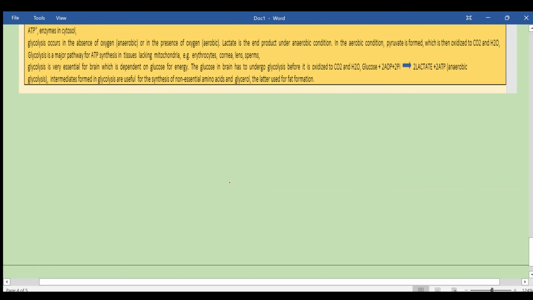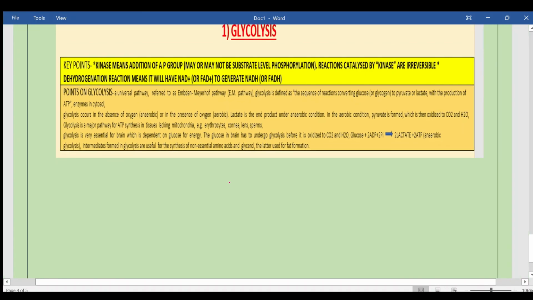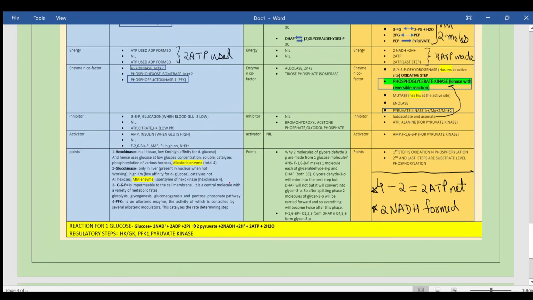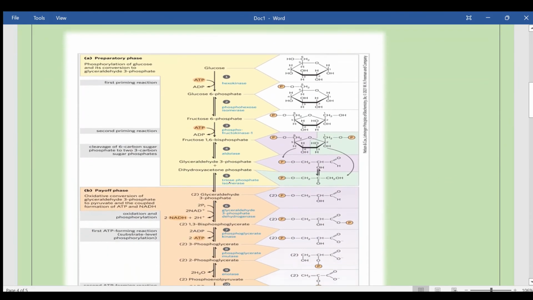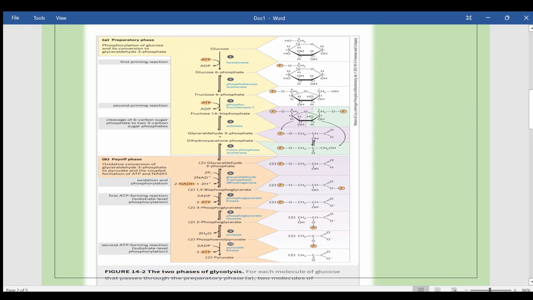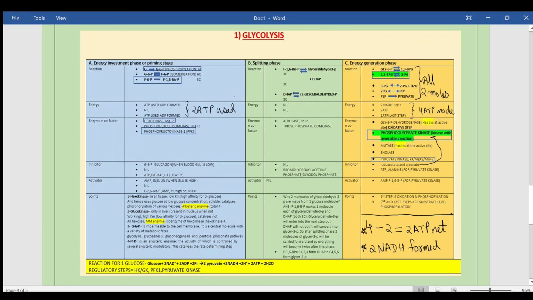So I hope this is clear, and I have tried to give you an overview of glycolysis without actually defining this conventional figure which we all study in our schools and colleges, because this is what we are taught, or told to remember. But there are ways to remember things, and I have tried to make you understand in a very easy way.